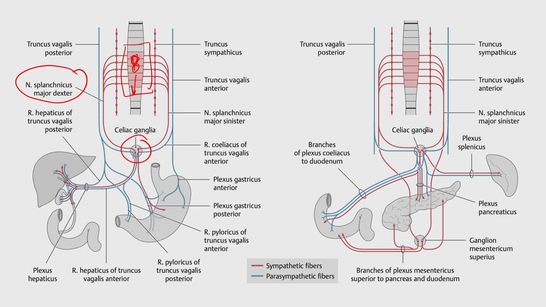So this is a celiac ganglion. Celiac ganglion is providing, again, the same supply like superior mesenteric artery. Yeah?